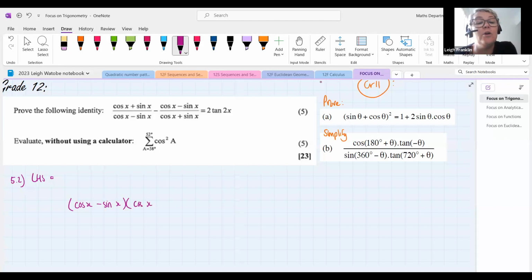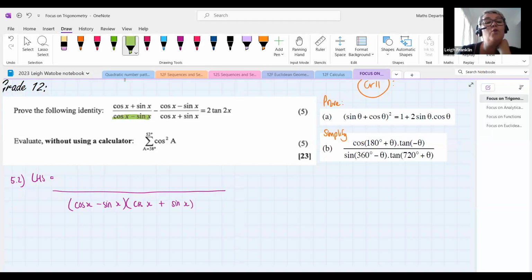And then here we've got cos x plus sine x, like so. Just like we were doing with the others, I'm timesing the cos x minus sine x by cos x plus sine x. So I've got to do the same thing to the numerator. I'm going to take cos x plus sine x, which is my numerator, and multiply it by cos x plus sine x.